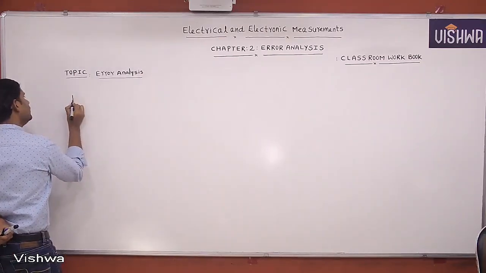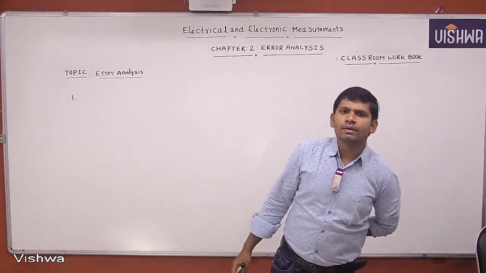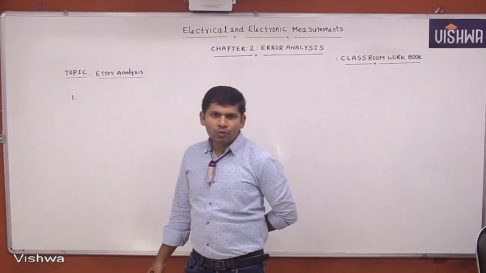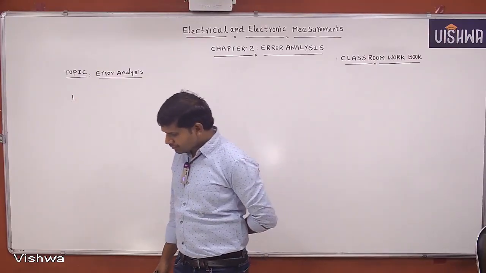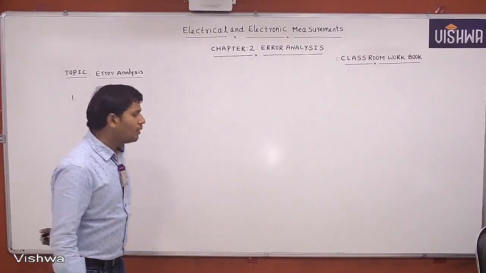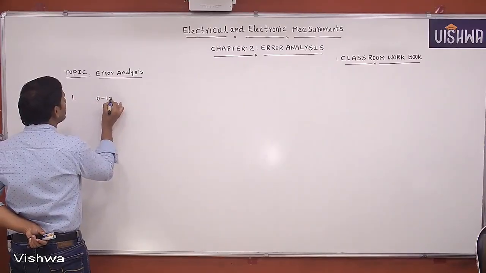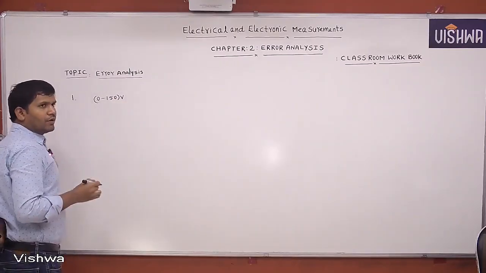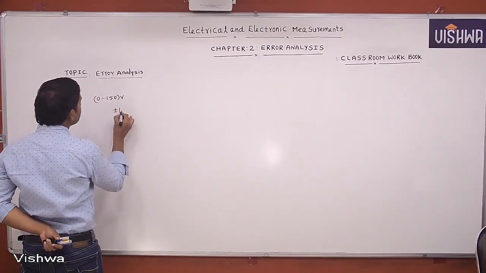See the first question. All of you read the first question. What is given? A 0 to 150 volts voltmeter having accuracy of plus or minus 1% of full scale reading.